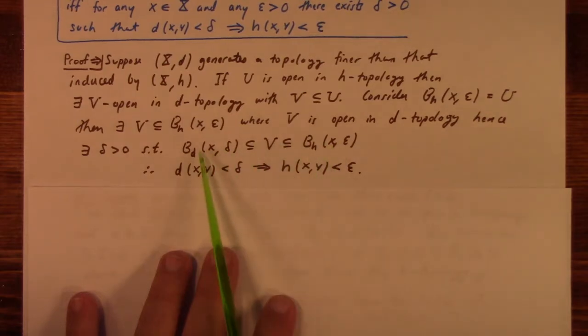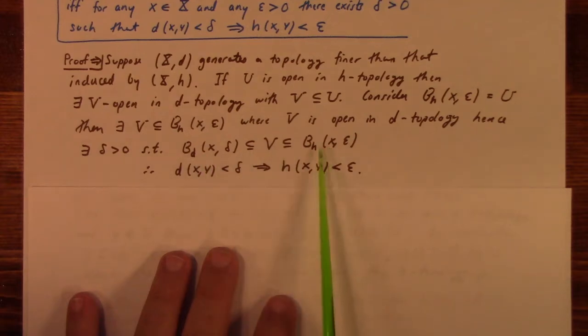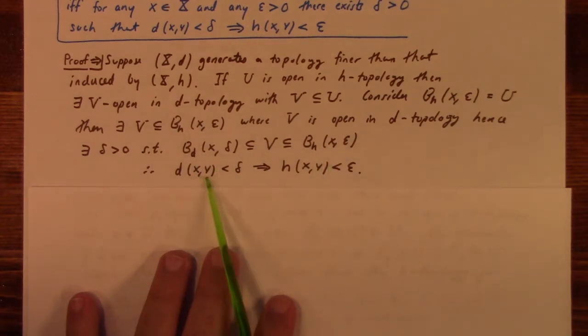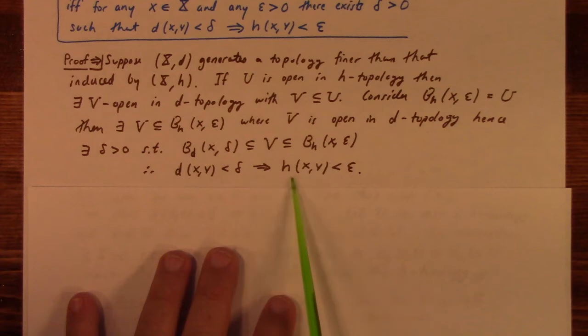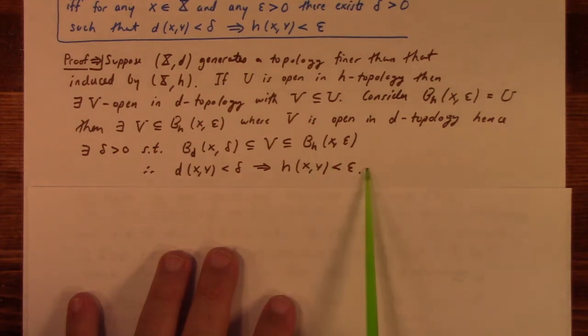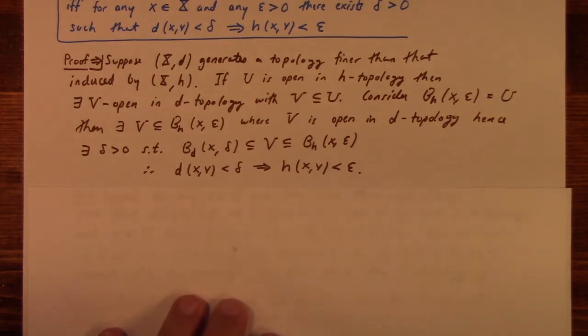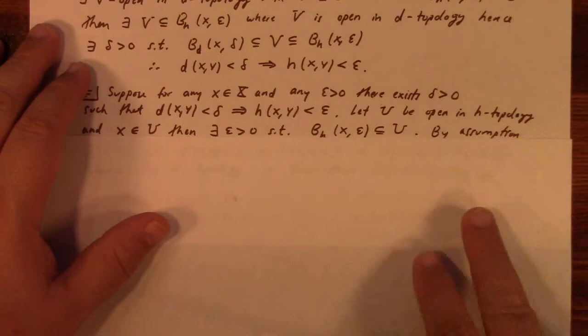But then by subset properties, that means that the d ball is a subset of the h ball, which gives us that the distance from x to y being less than delta implies that the h distance from x to y is less than epsilon, which is the forward part of this proof. All right.